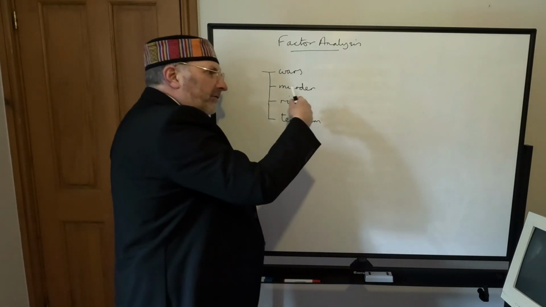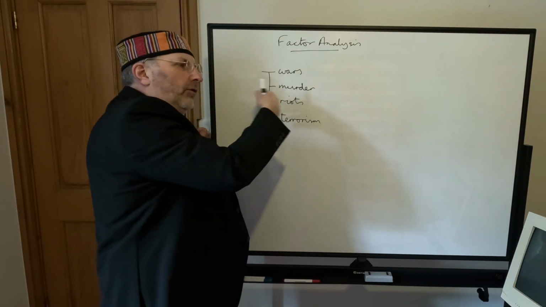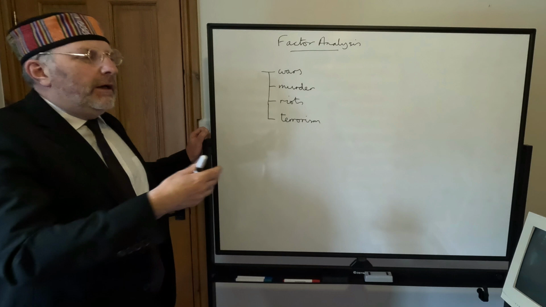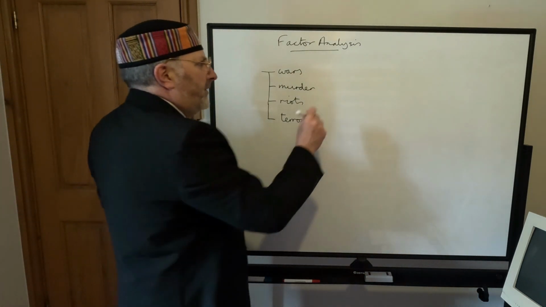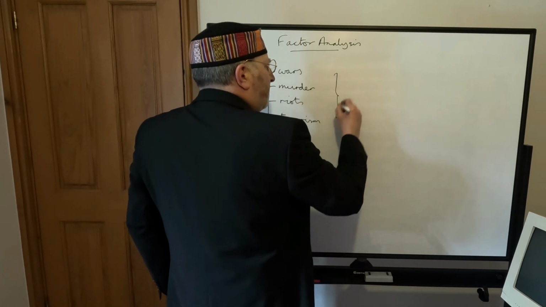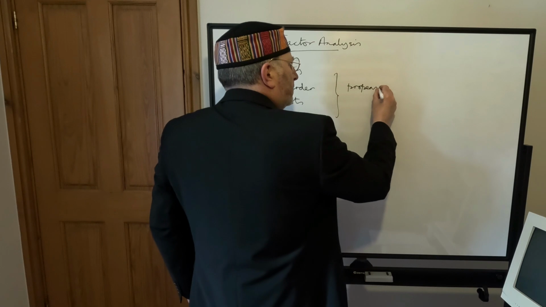And if it's peaceful, it's not involved in wars, then the murder rate will be lower. So it might be that we're assuming that there's underneath this some factor of propensity for violence.